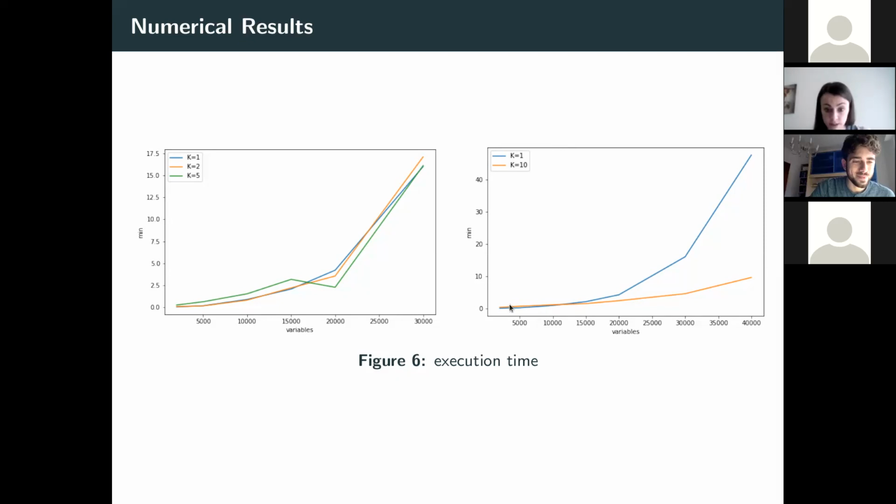Here we have the same test for the comparison between k equal to 1 and k equal to 10. We can see that for large problems, and large in this plot, k equal to 10 seems to reduce the time that we need effectively. We can expect that if we consider problems that are even larger, then something like this will happen, and the method with k equal to 10 will become, again, more expensive than the method without splitting.